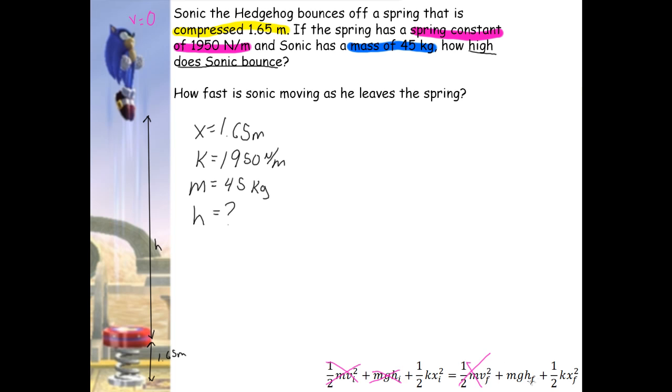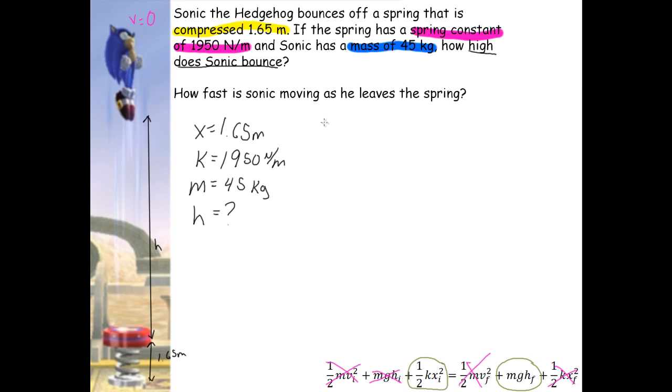We're looking for his height, and at this point the compression of the spring after he jumps off is 0, so that's also 0. And so I'm only left with these two terms, the 1/2 k x initial squared and the mass times the acceleration of gravity times the final height.